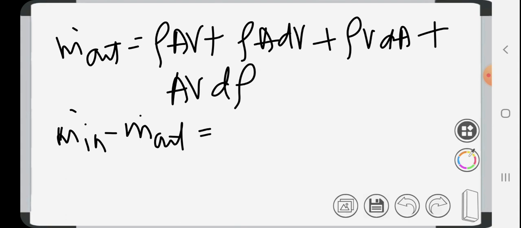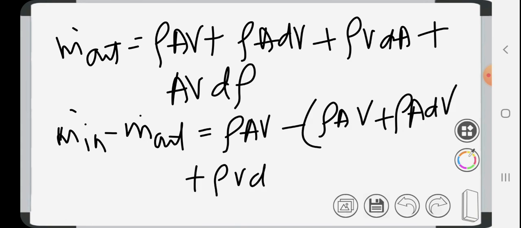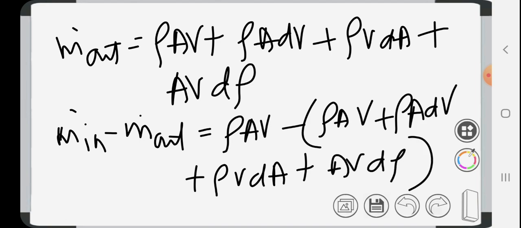So m dot in was rho A v, minus rho A v plus rho A dv plus rho v dA plus A v d rho. So these 2 terms will get cancelled.